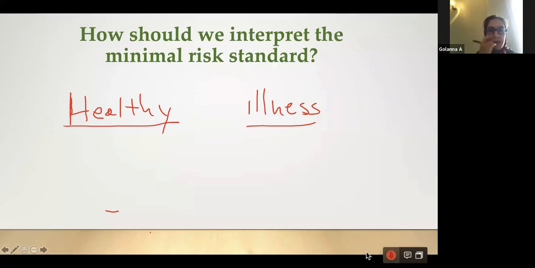Because something that we count as having a little risk on a healthy person is not equal to something that happens to the person who is ill. For example, if you want to take a blood sample of people over 70, maybe he cannot walk properly, he uses a walker.